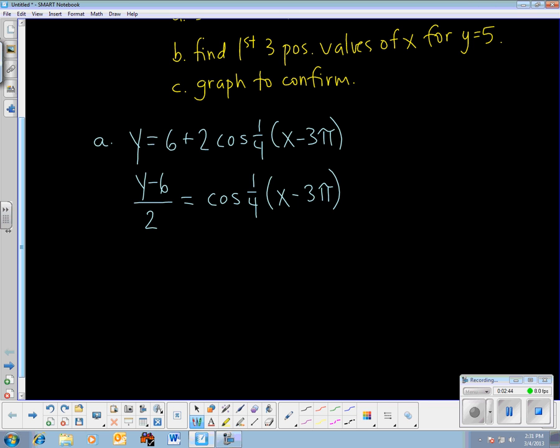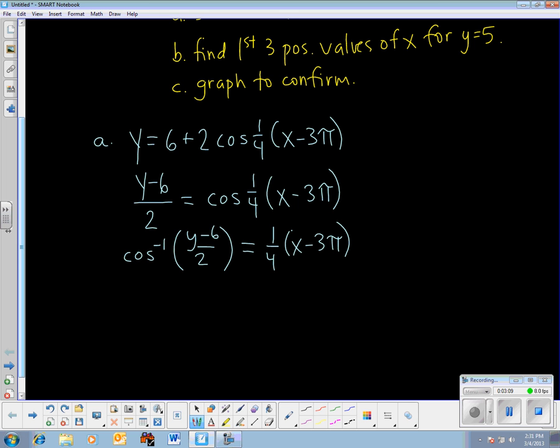The next thing I have is one big cosine on the right. So the opposite of cosine is inverse cosine, or arc cosine. Either way that you want to write it is fine. So I'm going to arc cosine both sides, because when you inverse cosine the cosine of 1/4 x minus 3 pi, you're left with 1/4 x minus 3 pi.